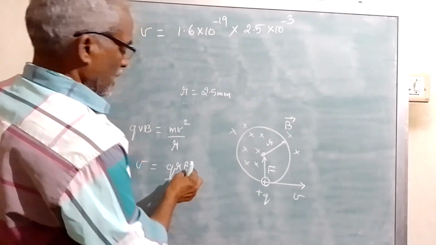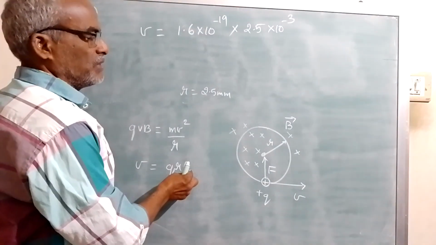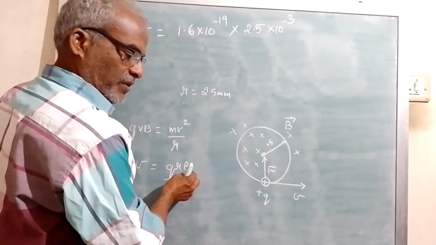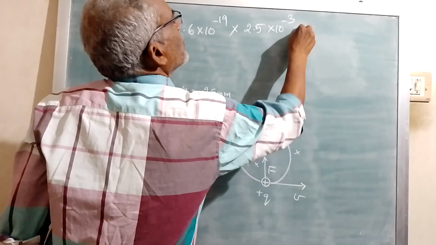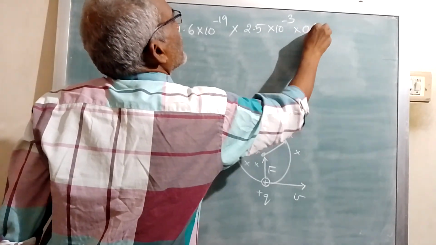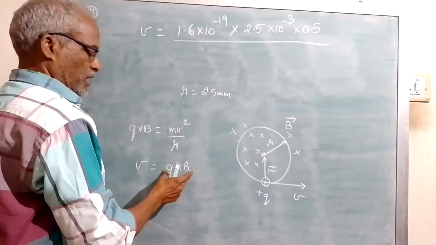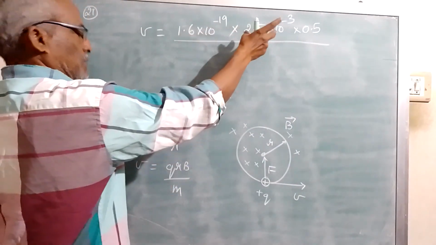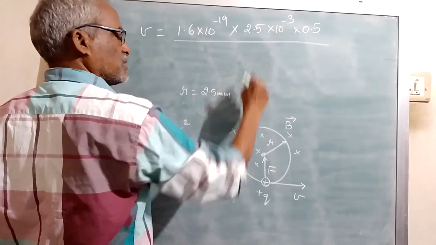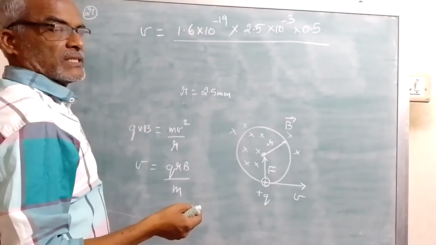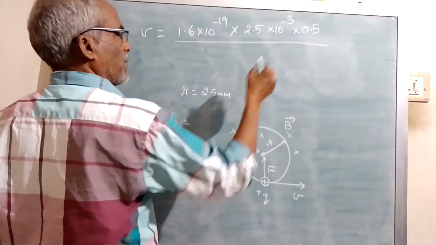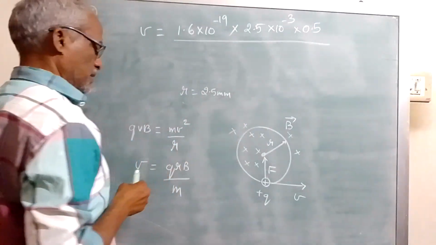And then the last one is the magnetic field, which is 0.5 Tesla. So we have entered all the numerator terms: this is the charge, this is the radius of the circle, and B is the magnetic field, which is 0.5 Tesla.